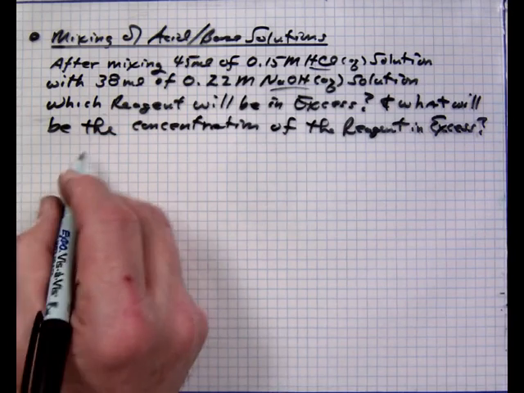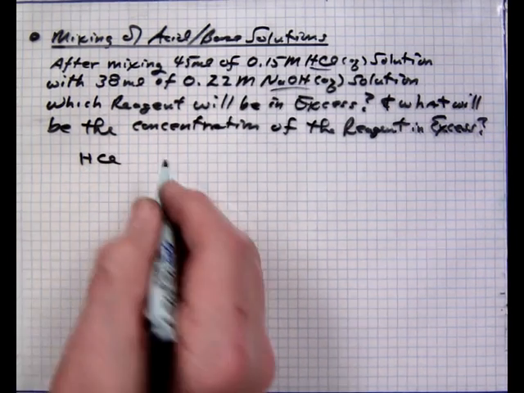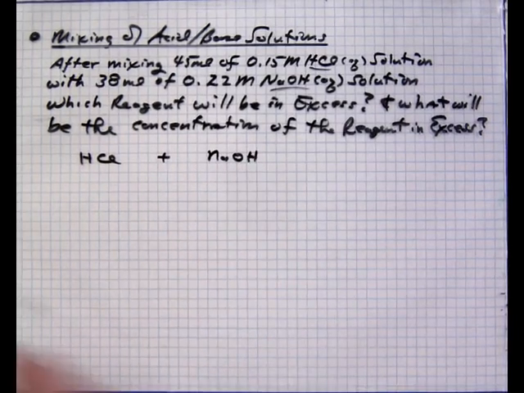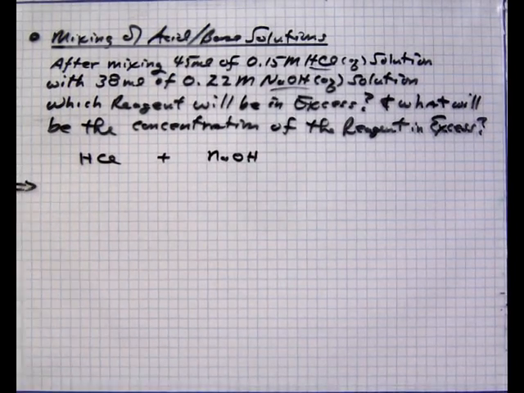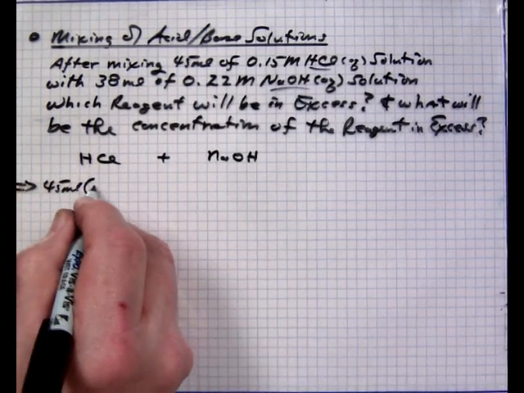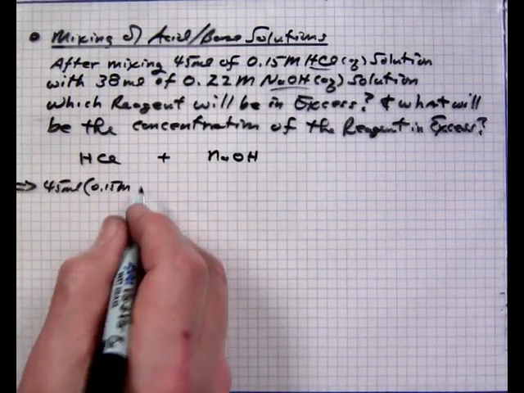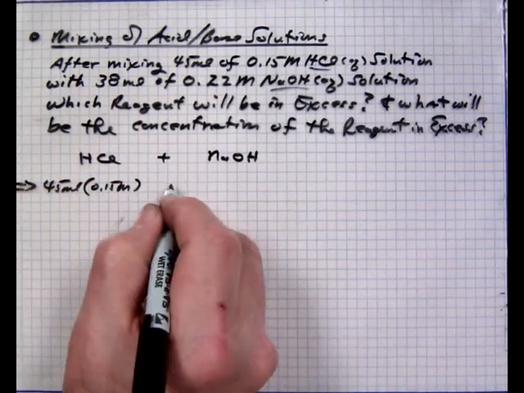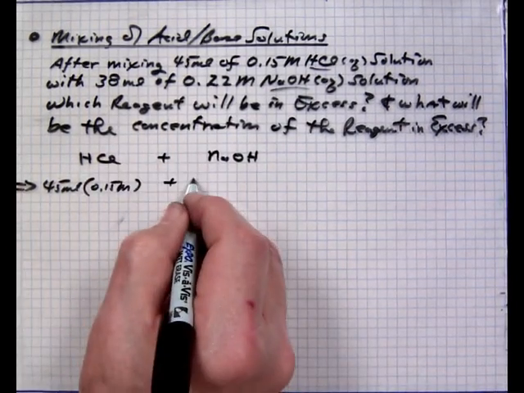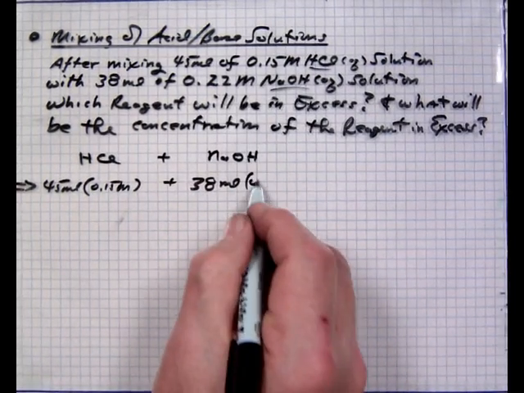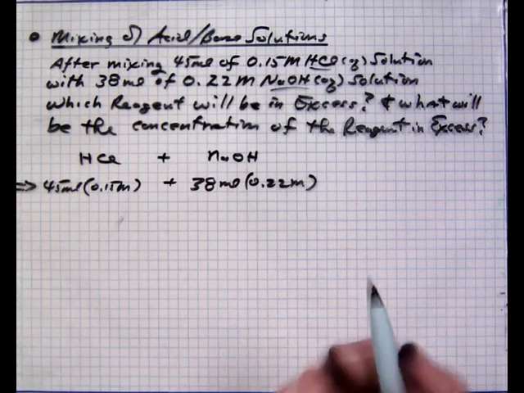And like this. So if we have HCl mixed with a NaOH solution, what you will have is 45 milliliters of 0.15 molar HCl solution mixed with 38 milliliters of 0.22 molar solution.